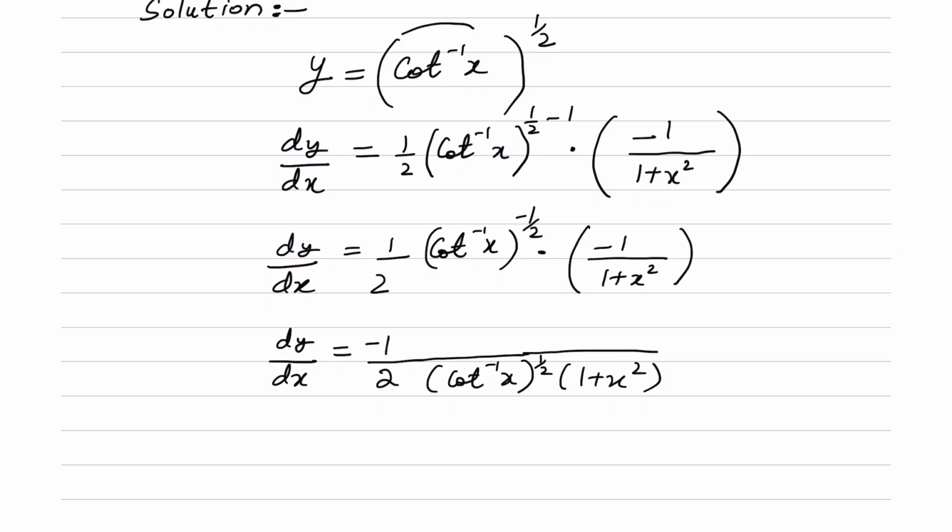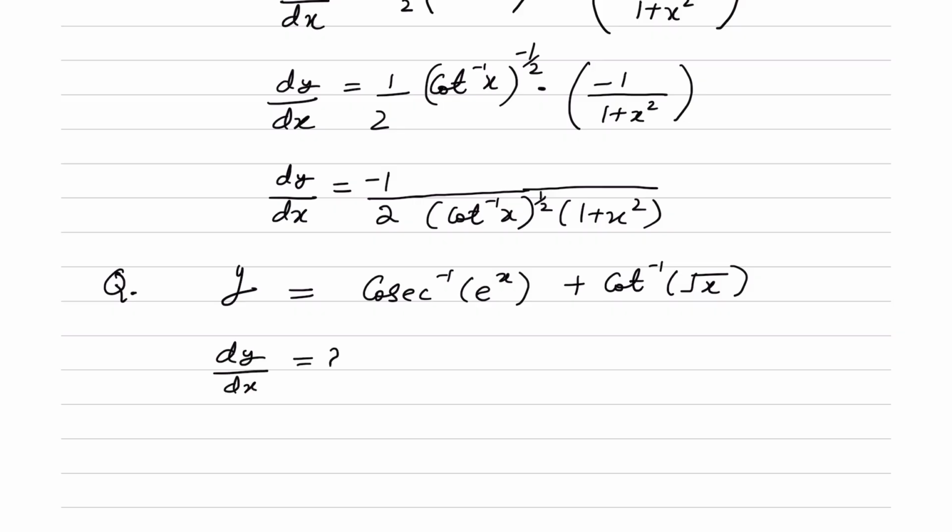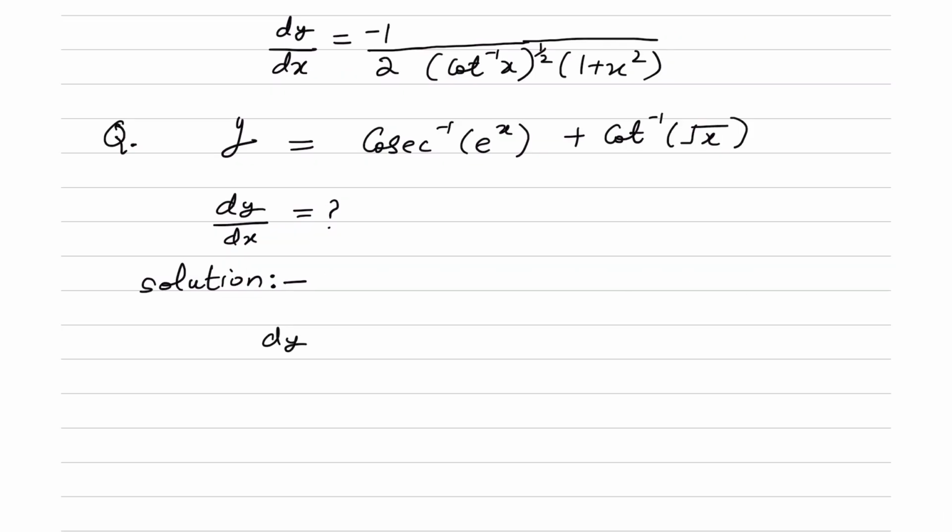And this is how we find its derivative. Let's do one more question where we have to find the derivative of y, which is equal to cosecant inverse e power x plus cot inverse square root x. So we have to find here dy by dx. To find the derivative here, the first term is cosecant inverse e power x.